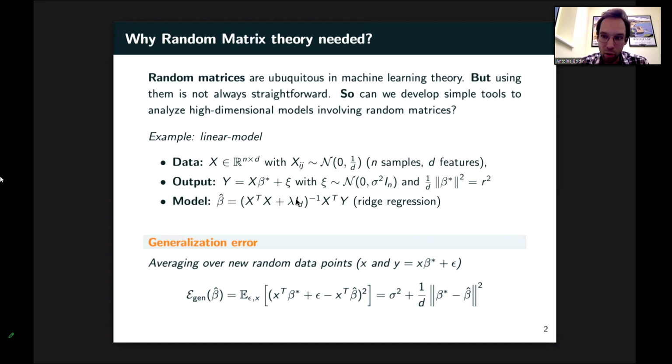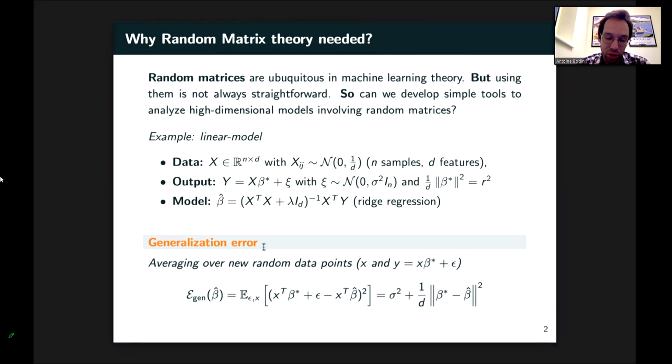As an output, you take a linear model with a signal beta star, which has a fixed norm R, corrupted by a noise of variance sigma squared. Then the ridge regression model gives you the formula hat beta with the penalization term lambda. An interesting question is to characterize the generalization error of this linear model.